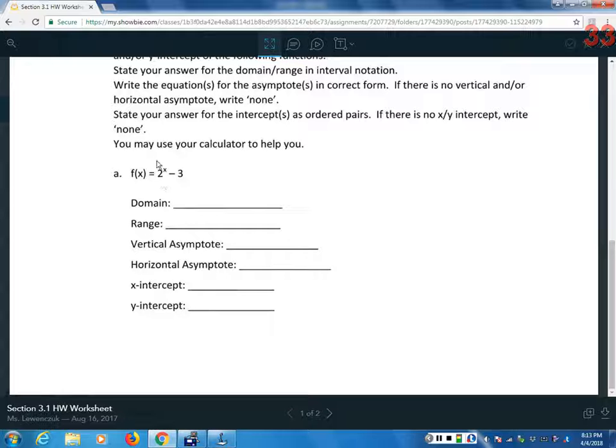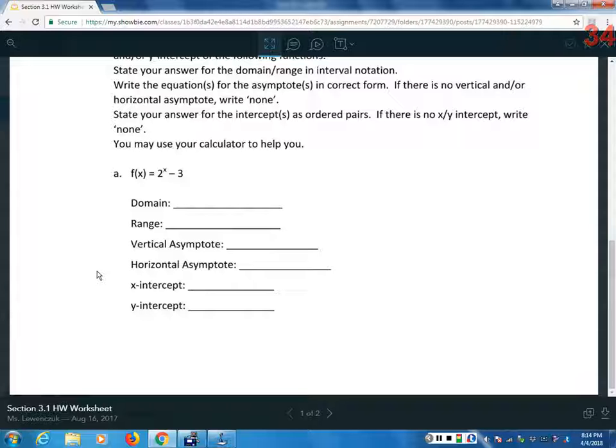The way to do these is to graph f of x equals 2 to the x first, and then do the shifting to get these. So let me show you. We're asking for domain and range.